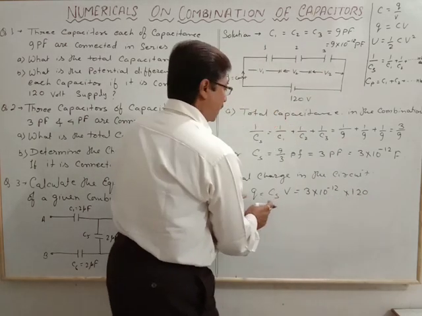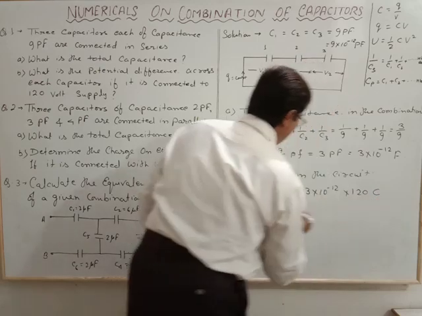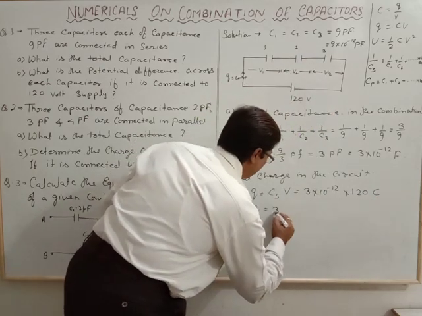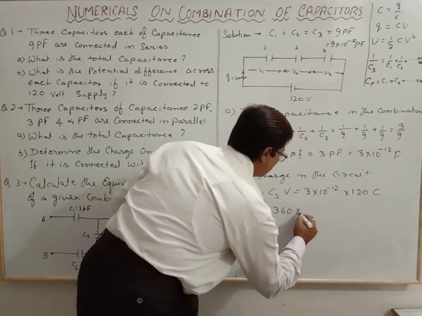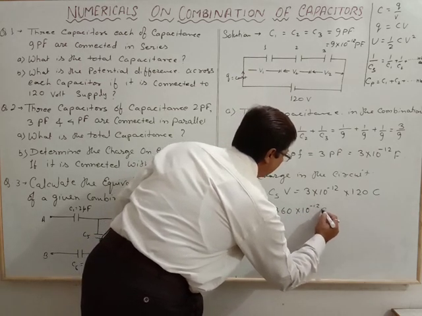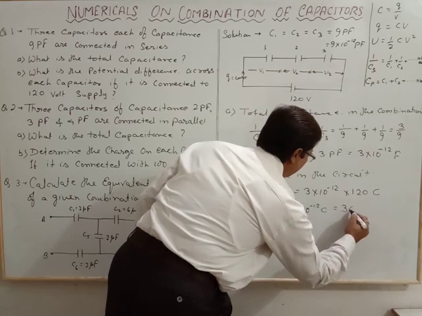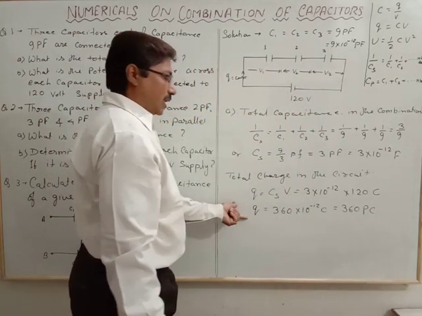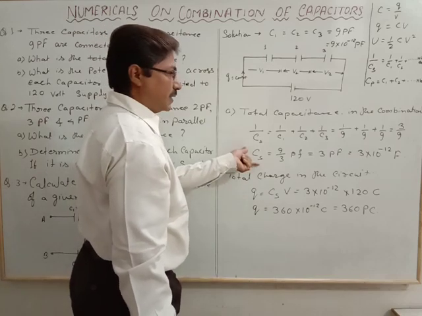That means the charge in coulomb, so the total charge is equal to 360 into 10 to the power minus 12 coulomb, or we can write 360 picocoulomb. Total charge we have, total capacitance we have.